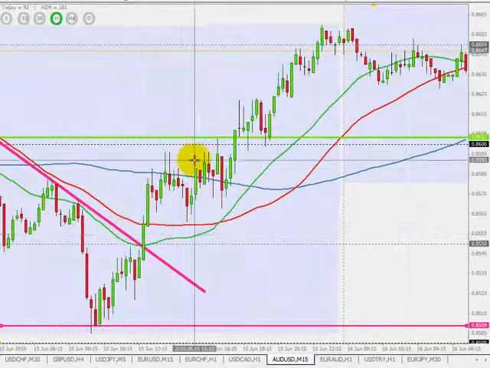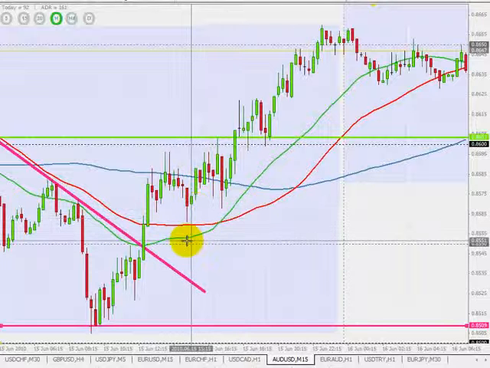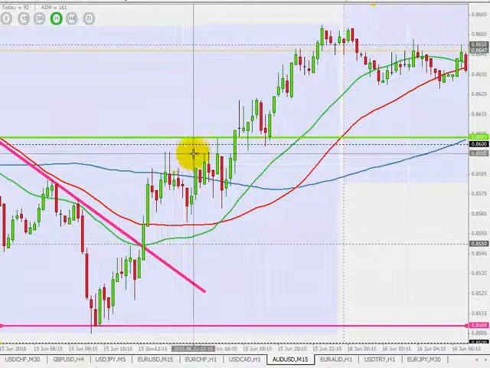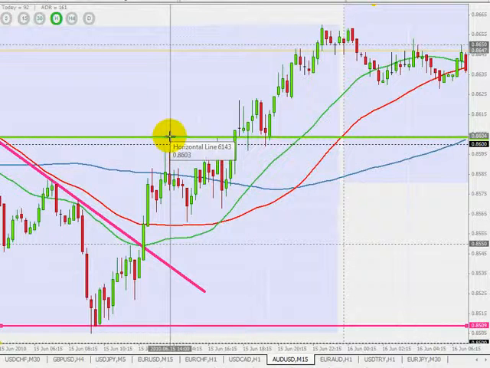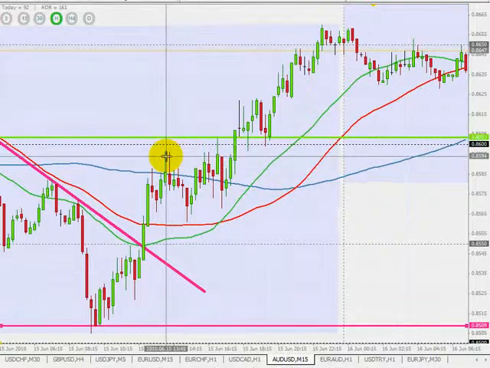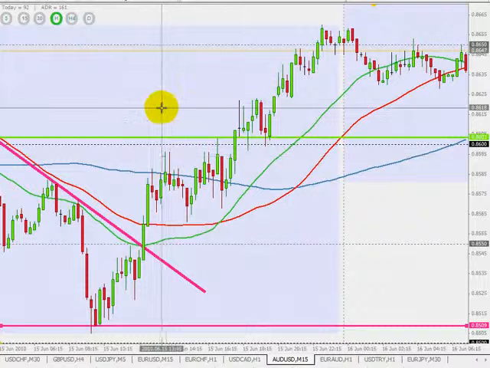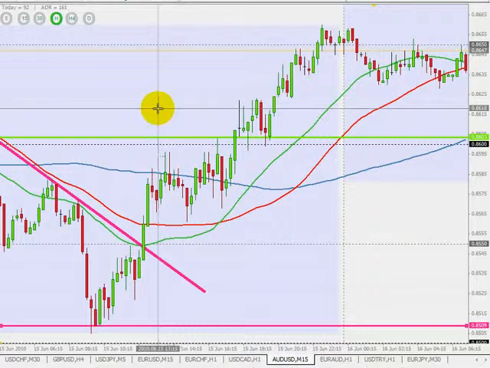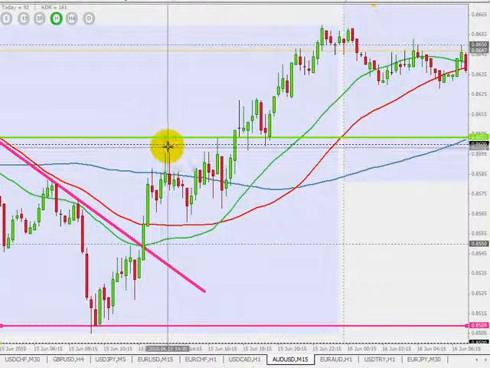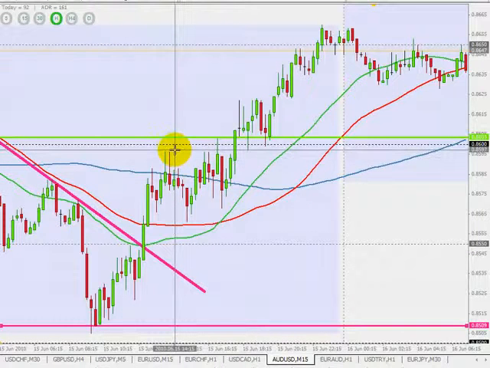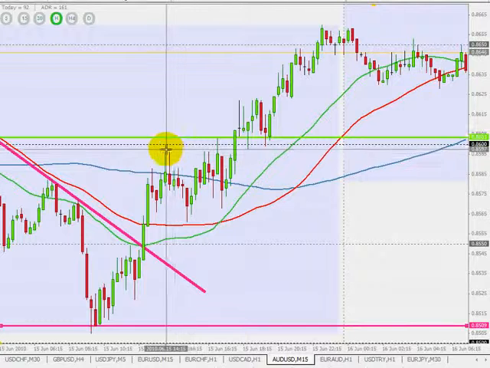Now, in a perfect world, our pullback's going to come back to here. But for this example, and these are hypothetical trades, I didn't take these trades as I walked through it. This is a strategy I picked up back in 2008 and just kind of sat on the shelf. Anyhow, the high of these candles was the 85.90 area.